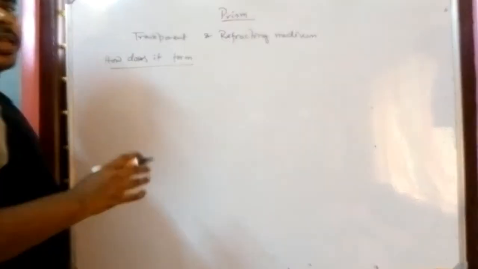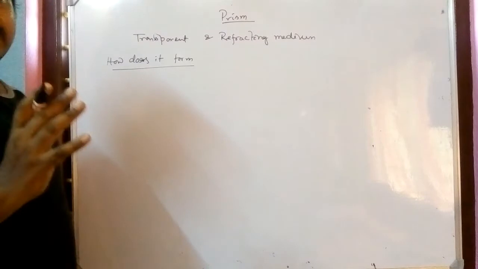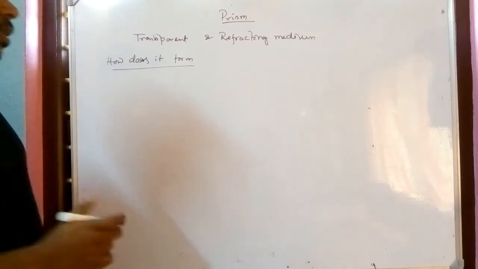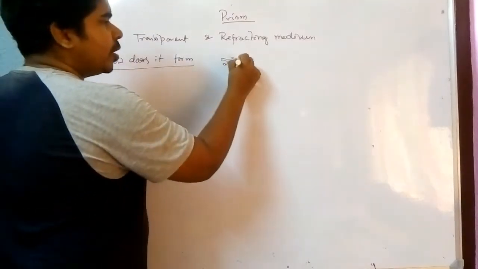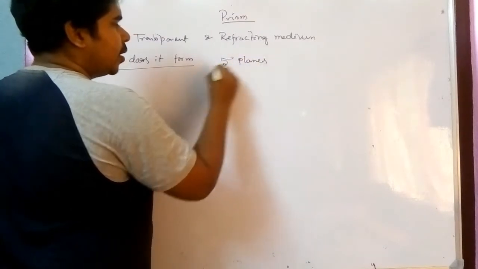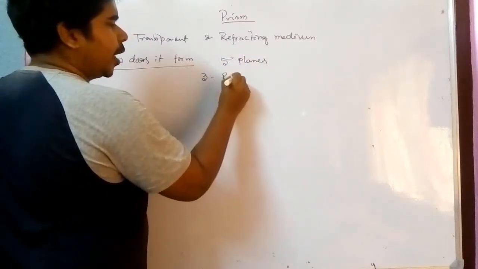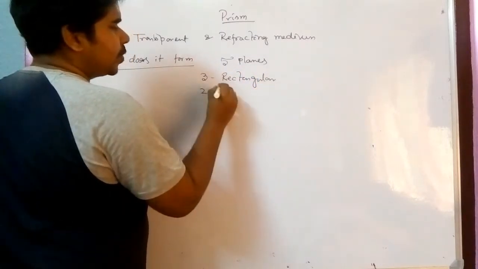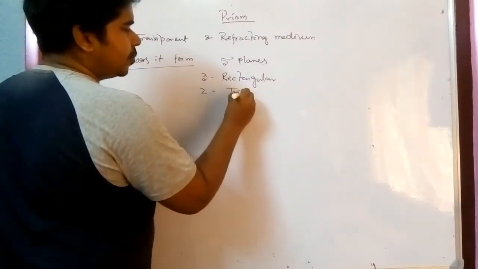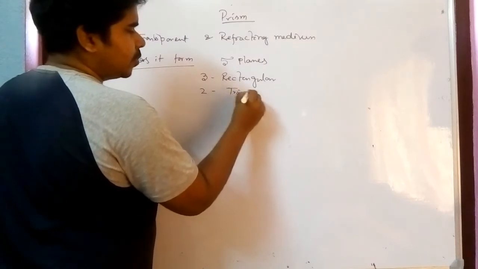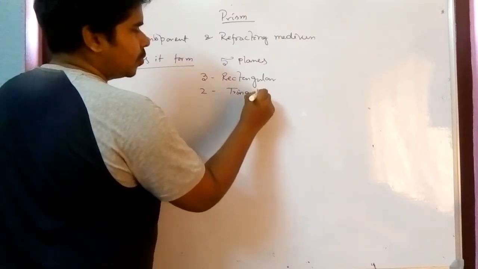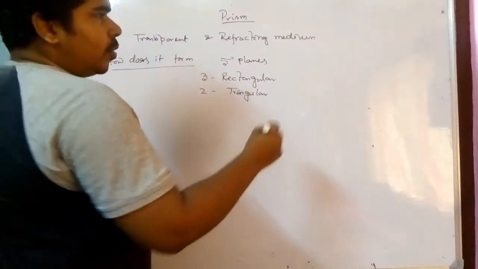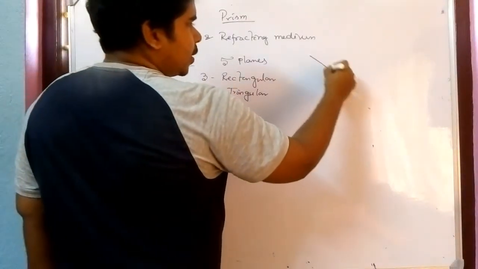It is formed by five planes. Among these five planes, three are rectangular and two are triangular. So it looks like this.